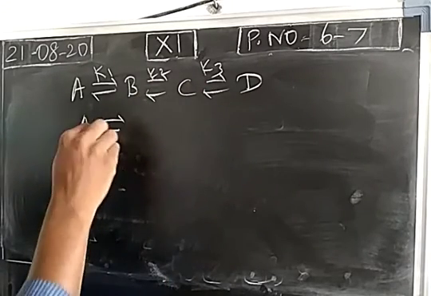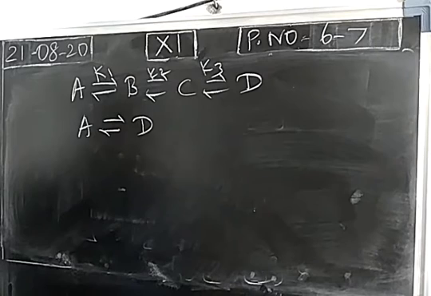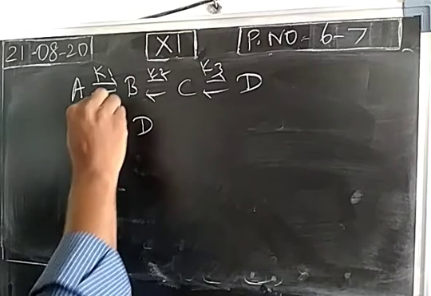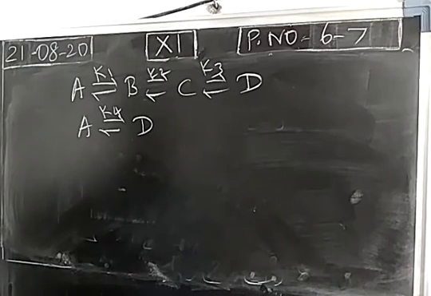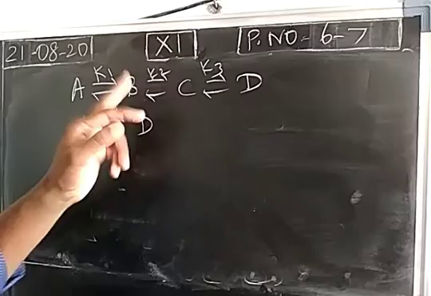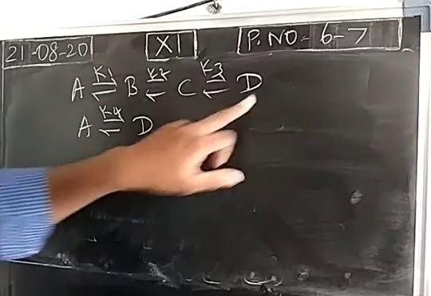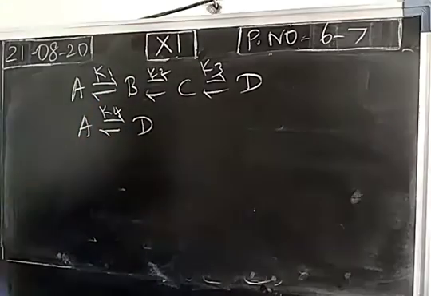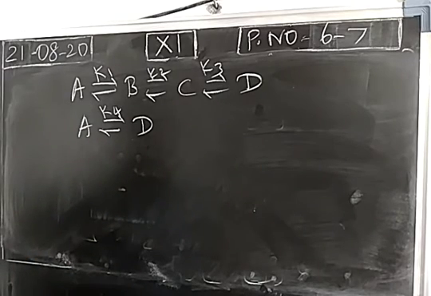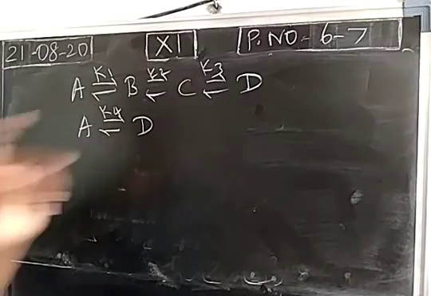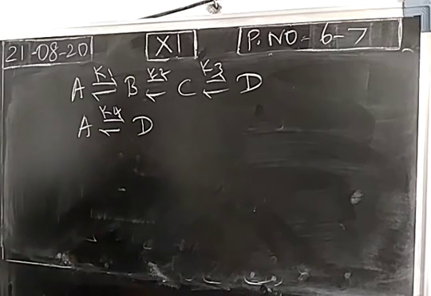Substance A can give substance D directly with equilibrium constant K4. Now, what is the relationship among all these equilibrium constants? A gives D by stepwise formation, or A can be converted directly into D. For each step, an equilibrium constant is given.